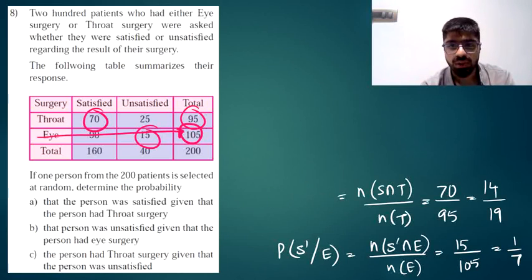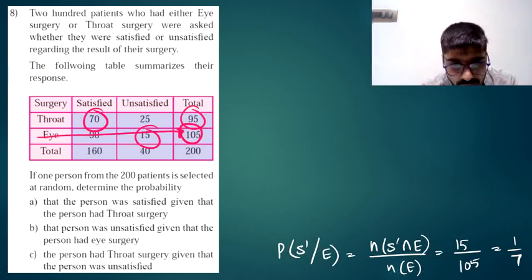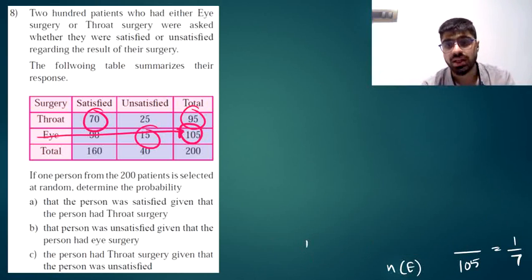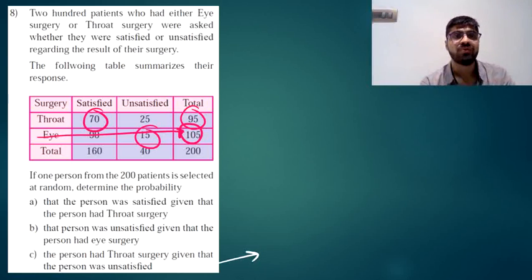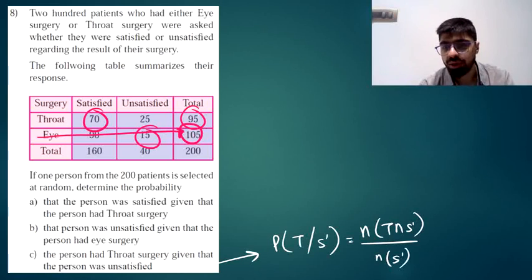Try the C part as well. For the C part, the person had a throat surgery given that the person was unsatisfied. So here they have reversed the problem. They are saying that you find the probability that the person had a throat surgery given that he was an unsatisfied person. So now it will be N of T intersection S complement divided by N of S complement.